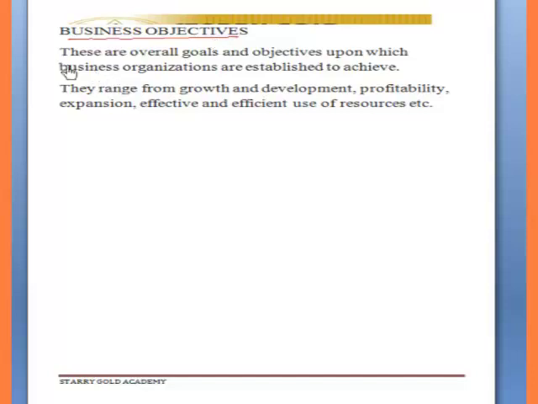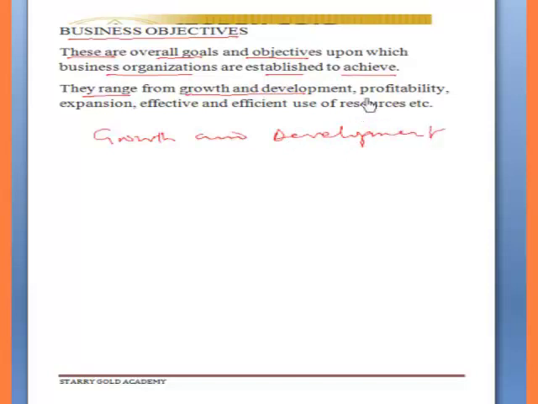As we have defined, these are the overall goals and objectives or other targets upon which business organizations are established to achieve. These business objectives range from growth and development, which is one of the main objectives of any business organization. Likewise, profitability. We also have expansion.